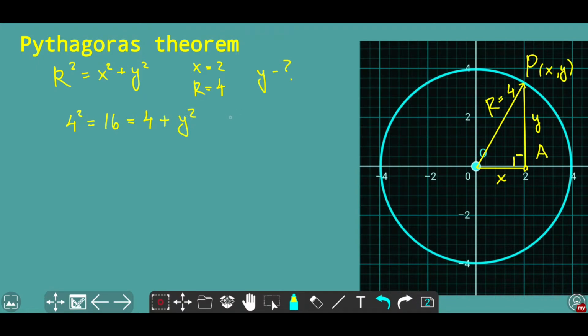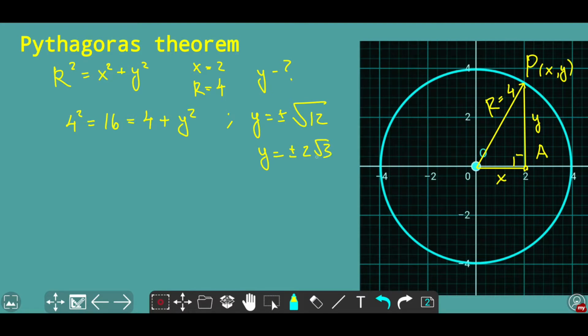So y is going to be plus or minus the square root of 16 minus 4, which is 12, so the square root of 12. But we can simplify even more: it's going to be plus or minus 2 square root of 3.